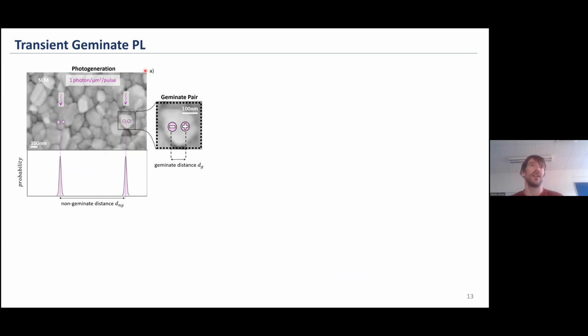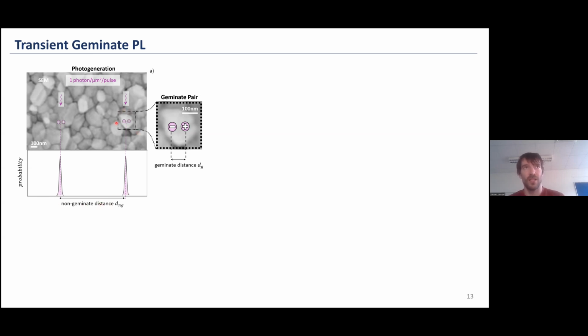So in this area here, you would just have 2 photons per pulse, which then generate electron-hole pairs here. And the probability to find them initially is very close to the position where the photon hits. So the distance between these 2 photons is the non-geminate distance.